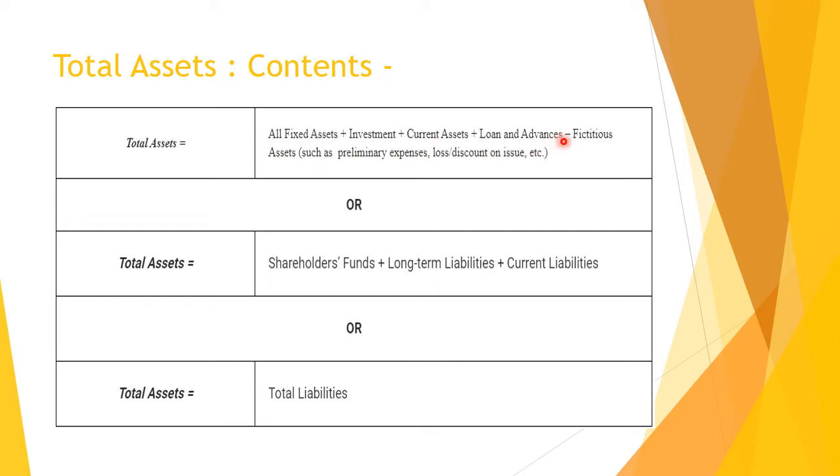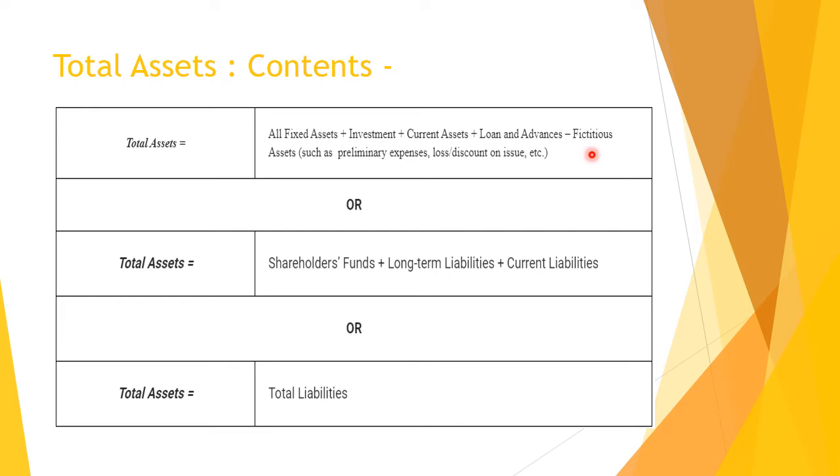Preliminary expenses, loss or discount on issue, etc. One more item was there, that was underwriting commission. All these are deducted as fictitious assets, and the remaining things are added. Whatever you write in the total assets, that will be added, and these fictitious assets will be deducted. Now see, certain times the asset side things are given and you add them up and deduct fictitious assets.